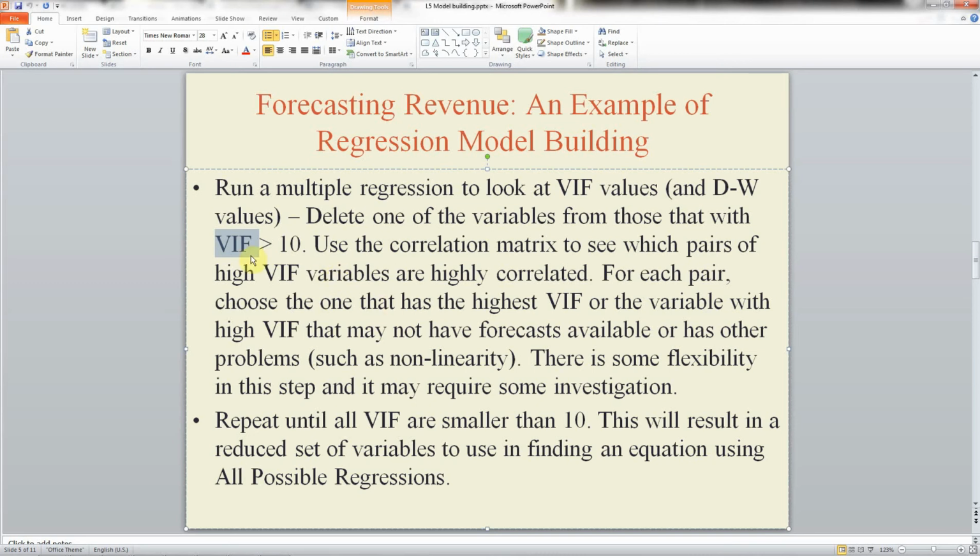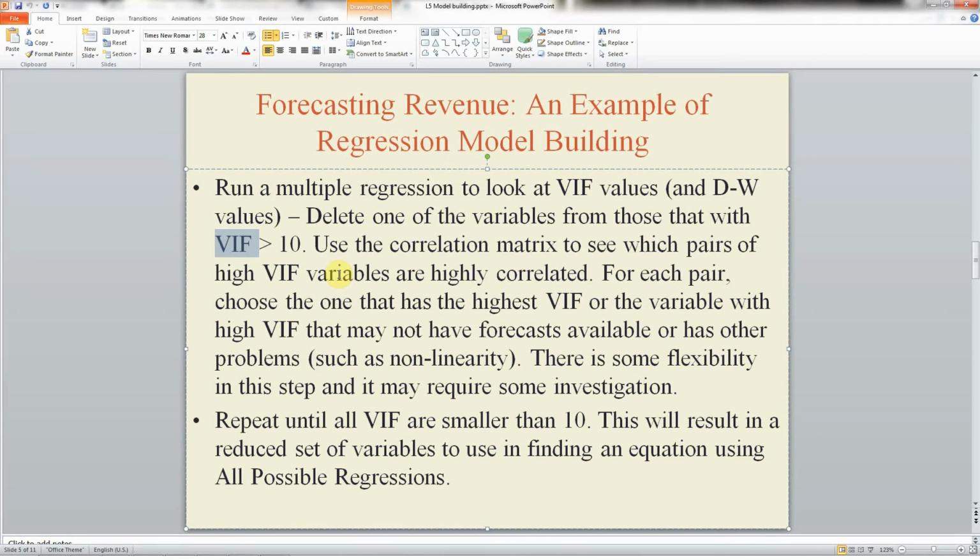Once again, when we remove the variables that have high VIF, we'll have some choice in which one. We may look at one that's highly correlated with another one, and for some reason we prefer to keep the one with the high VIF and drop the one that it's highly correlated with instead, possibly because the one that we're dropping has other problems.